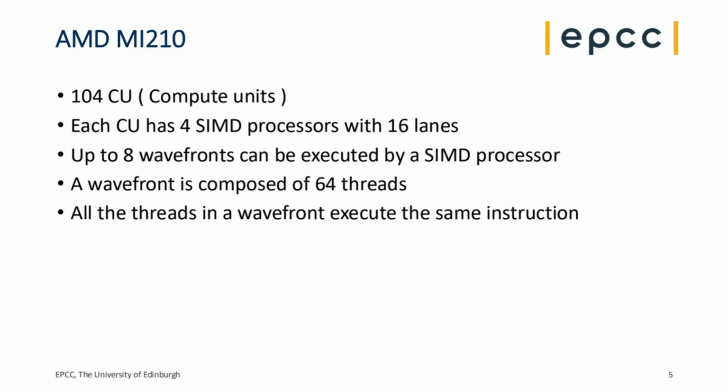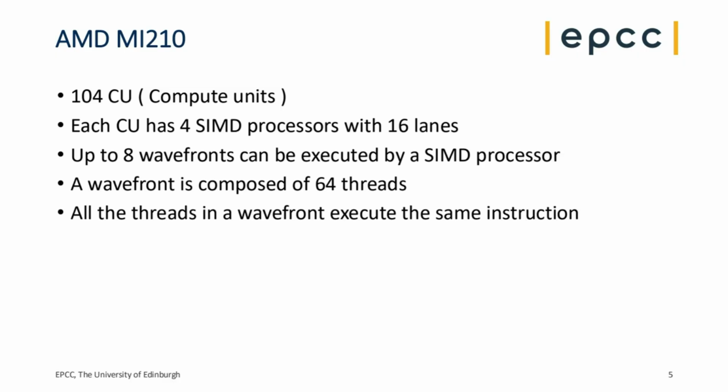Now, the AMD MI210 has 104 compute units, and each compute unit has 4 SIMD processors with 16 lanes. So the compute unit can deal with 64 threads at a time.